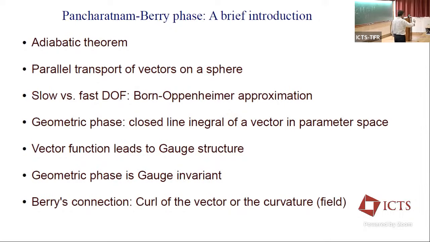So people in the molecular physics community use the Born-Oppenheimer approximation, Born and Oppenheimer in the 1930s. So always they do that, and that's how we calculate molecular properties.